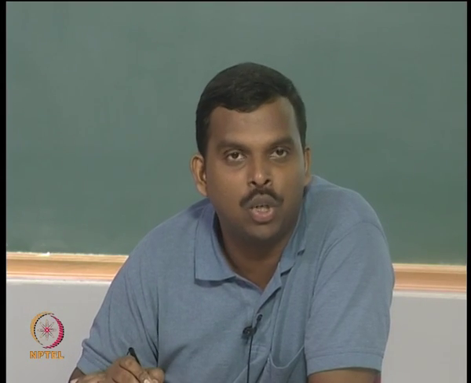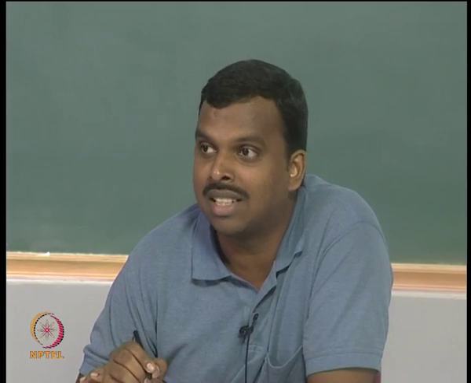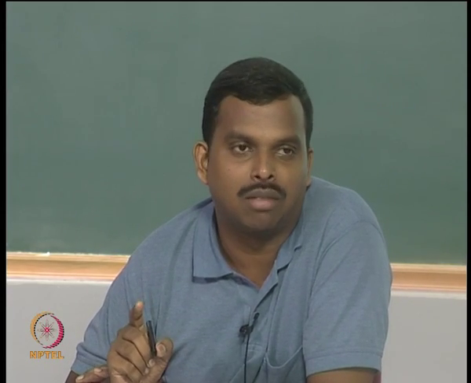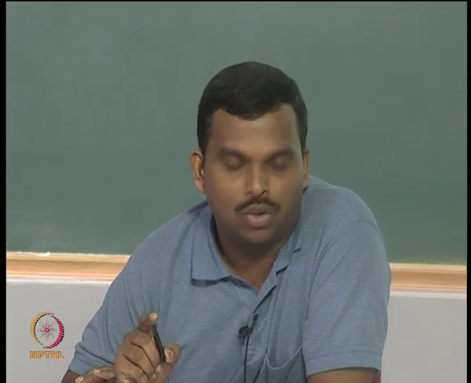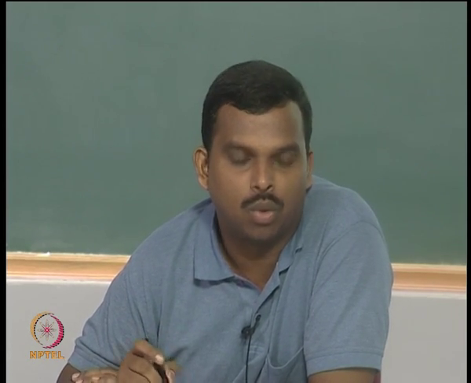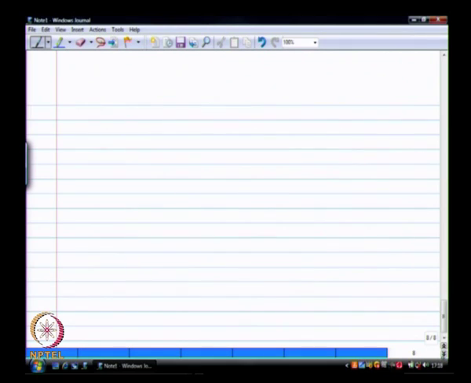Once you use that, your multiplication will be very trivial. When I multiply two polynomials modulo pi of x, all I am using is this additional rule that x squared equals x plus 1. Mod pi of x is equivalent to having the condition x squared equals x plus 1. Once you do that, the multiplication becomes very easy to write down.